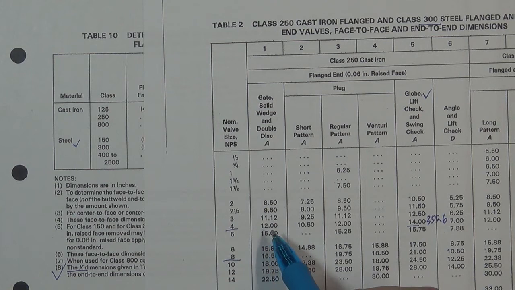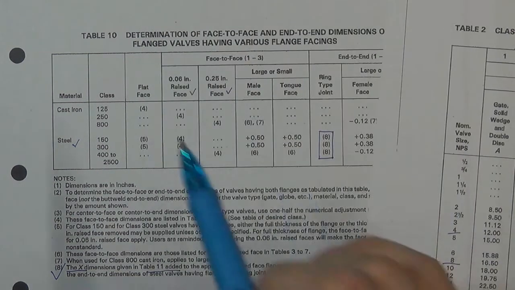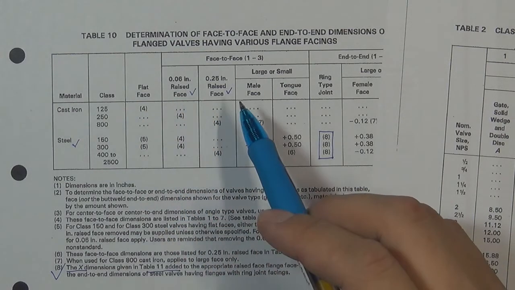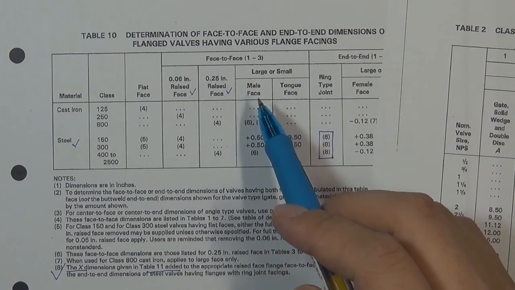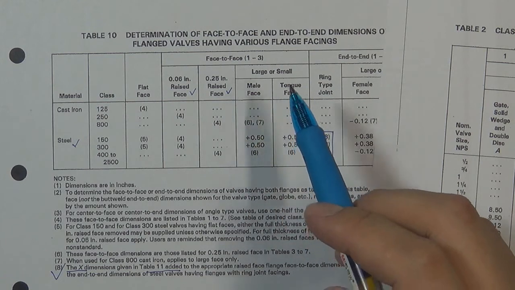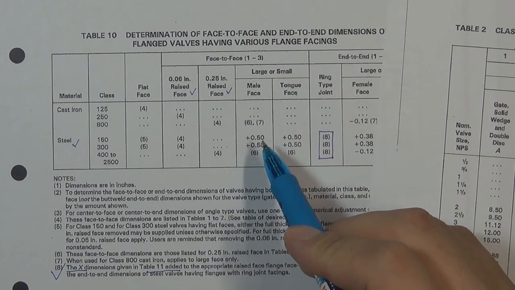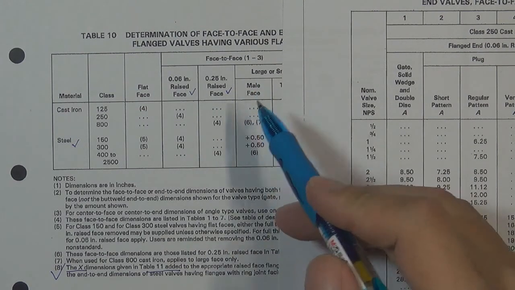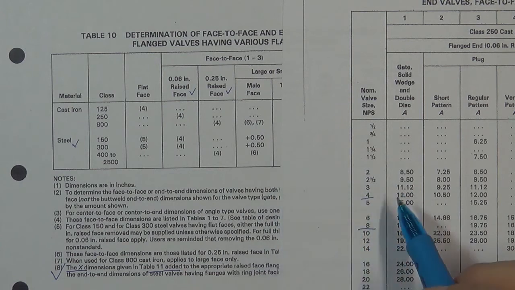But this 12 inch is just for a valve which uses flat face or raised face flange. If the valve uses male face or tongue face, you need to add 0.5 inch to 12 inch. So if the flange is male face, the valve length is 12.5 inch long.